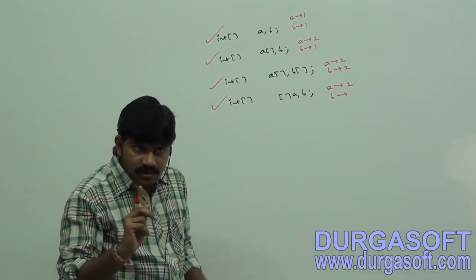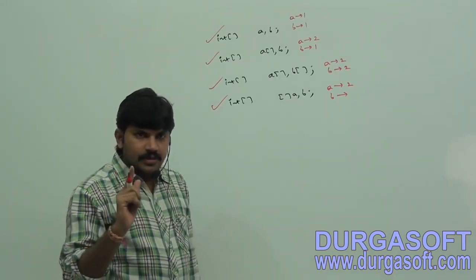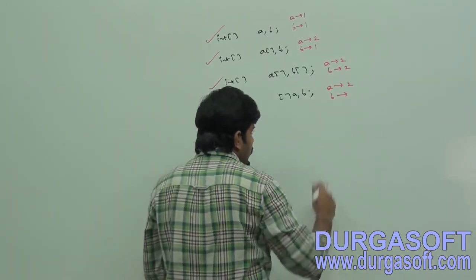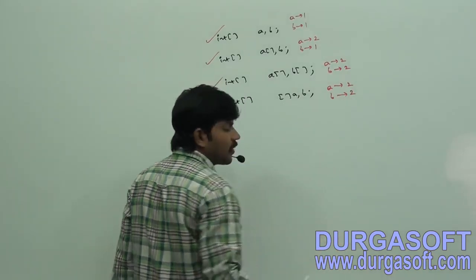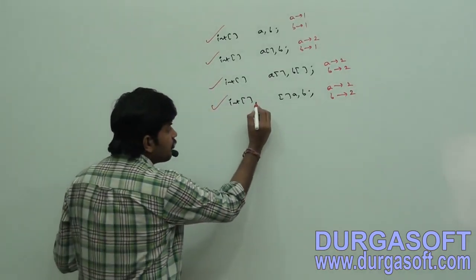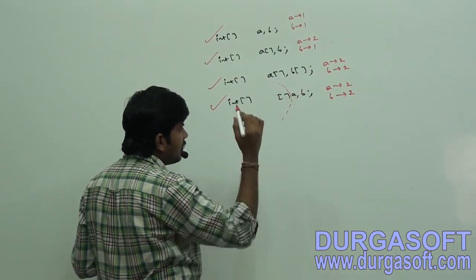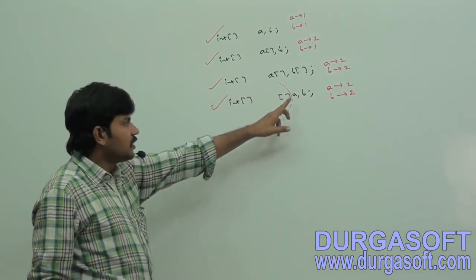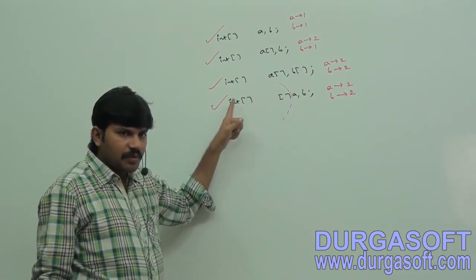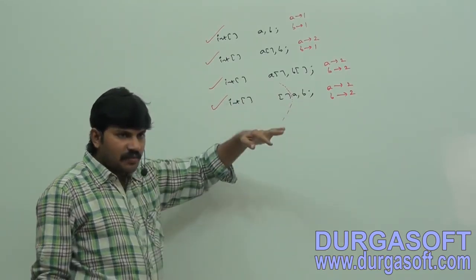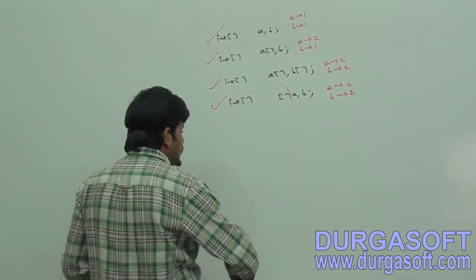Make sure b's dimension is 2, because this space is ignored by the compiler, this total thing is considered the type. Regarding type, a and b both are 2-dimensional arrays. A's dimension is 2, b's dimension is also 2 only. That's why it is valid.